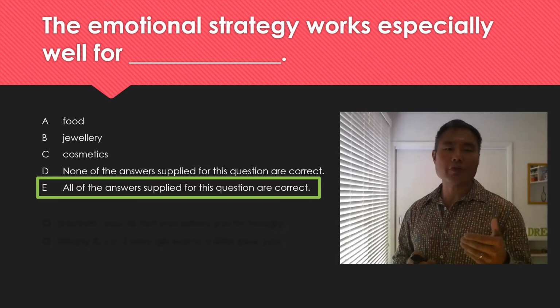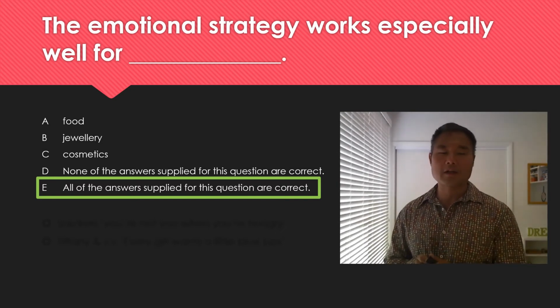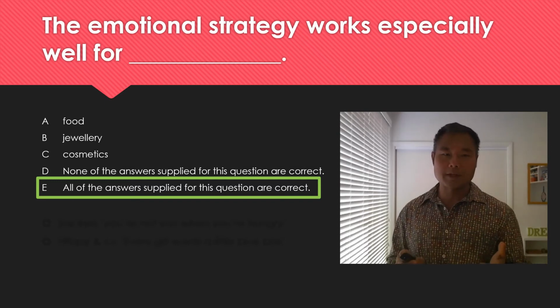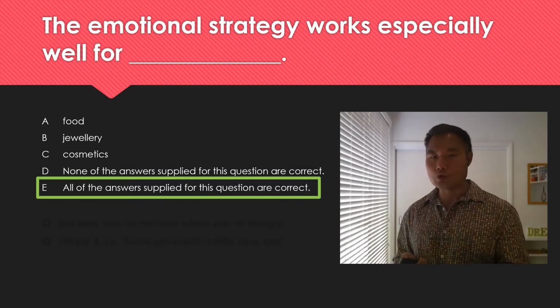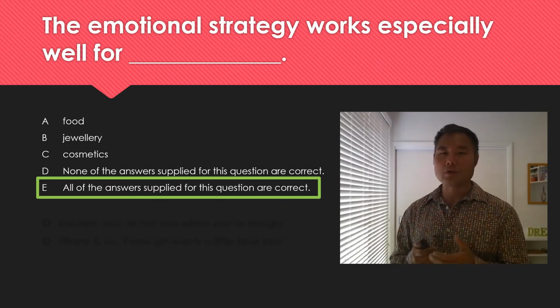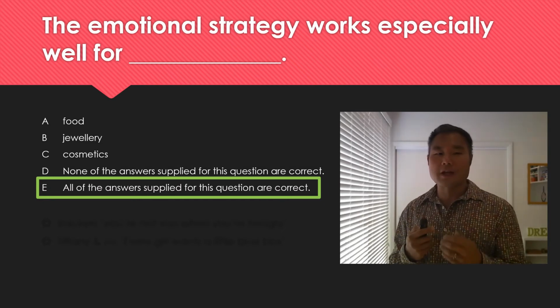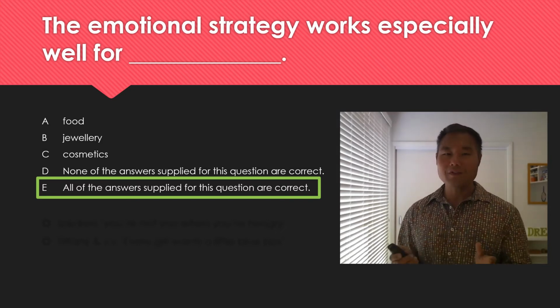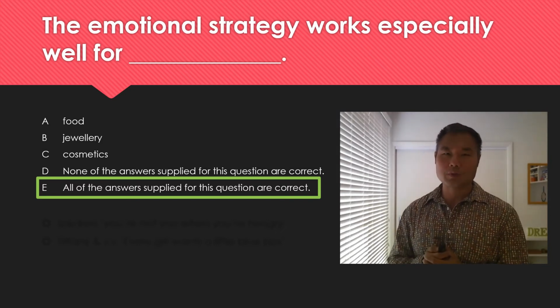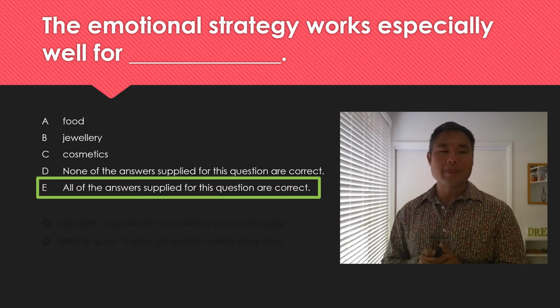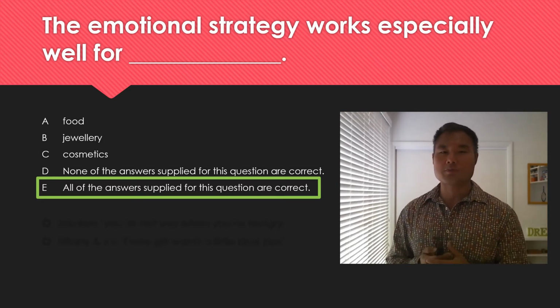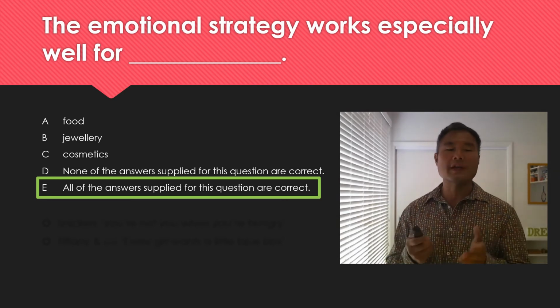If you were to overthink option E, then you would think that you can't pick it because one of the options in terms of all of the answers supplied includes option D, right? And so you might feel like you can't pick E because that would include D. So my advice is do not overthink multi-choice questions. Just go with your instinct. And if you're familiar with the content, then you would immediately know that food, jewelry, cosmetics is the right answer, and therefore E is the right answer.